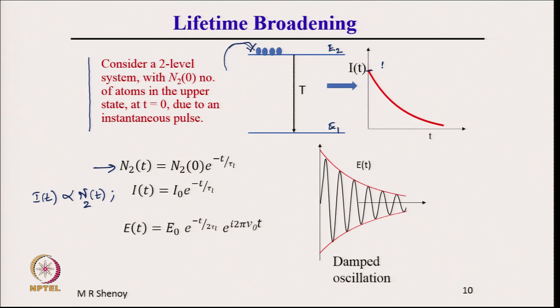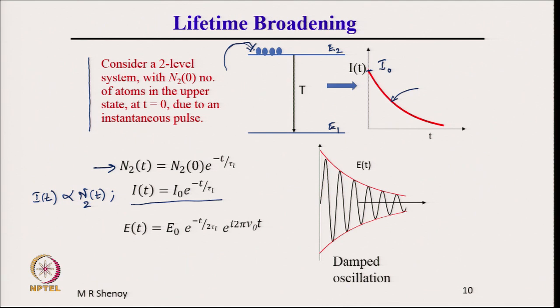If I call this I0, then this curve will be I of t is equal to I0 into e to the power minus t by tau L. That is what is shown here. This is the observable and measurable intensity of radiation coming out of an excited atomic system. An instantaneously excited atomic system will be exponentially decaying as I of t is equal to I0 e to the power minus t by tau L.